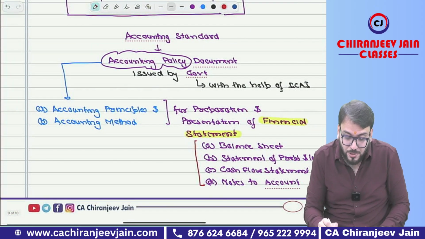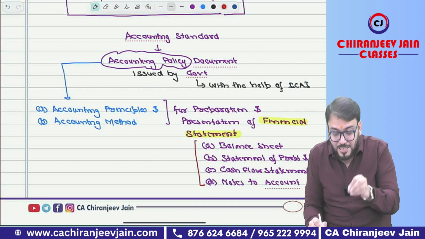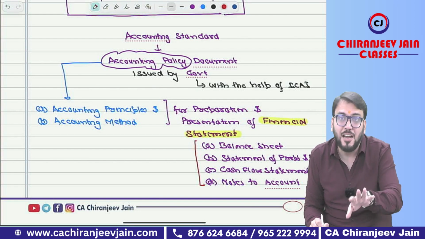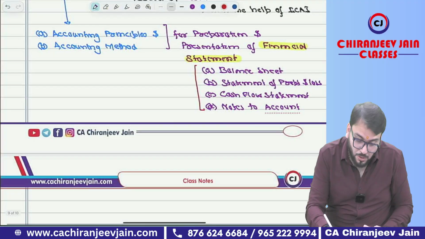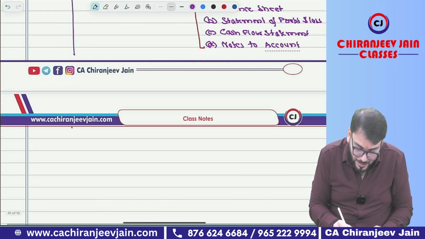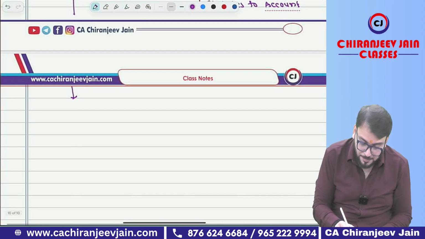So what do you mean by accounting standard? Accounting standard is an accounting policy document issued by government. Accounting policy means accounting principle and accounting method. Now, this accounting principle and accounting method deal with what? Means this accounting standard deals with what?